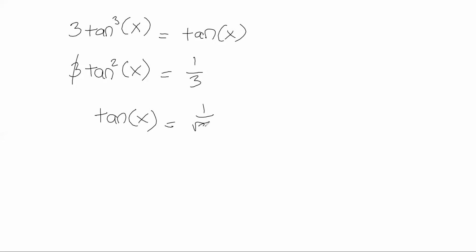And if you recall the quotient identity, tangent of x is just sine of x over cosine of x. So we want to find the place in the unit circle where the sine is equal to 1 and where the cosine is equal to square root of 3. How would we find that? We're able to draw it. So we know tangent is positive, which means it's either going to be in quadrant 1 or in quadrant 3.